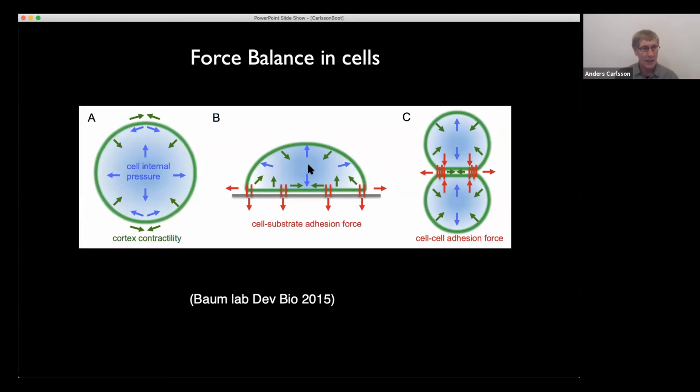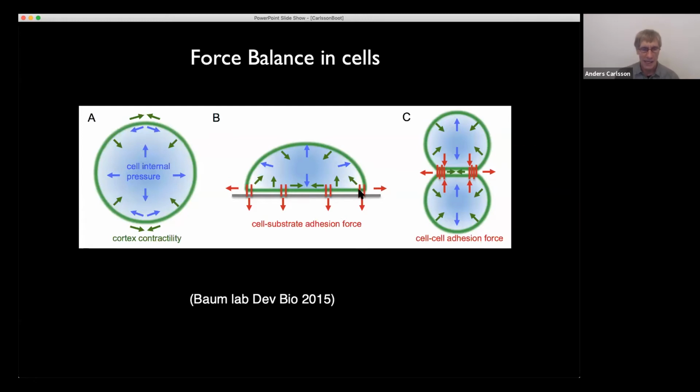In the context of cells on a substrate, it gets a little more involved. Now there is one force trying to expand the cell. It would like to make it spherical. That's the blue arrows. But there are other components of force that would like to expand the area over which the cell adheres to the substrate, because the adhesion of the cell to the substrate is energetically favorable.